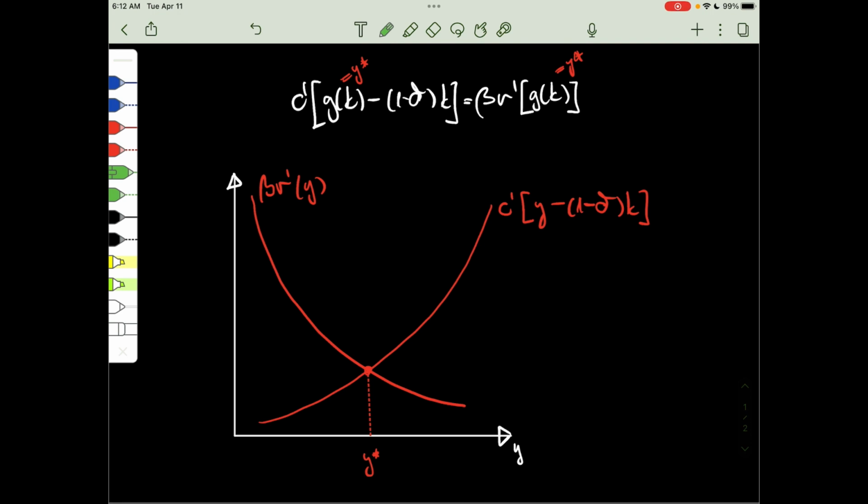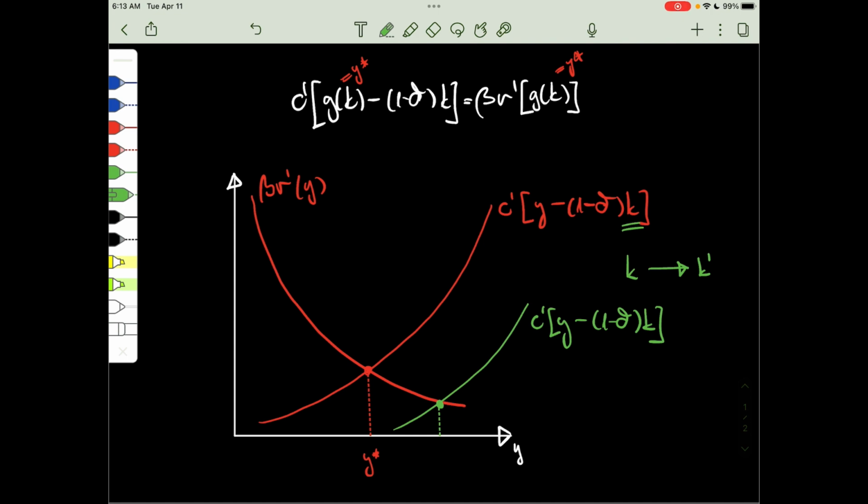So what we want to know is if it is increasing or decreasing in k first. It's easy to realize that k comes into play through C prime, and if we increase k to k prime, then it shifts the curve to the right with the point of intersection.